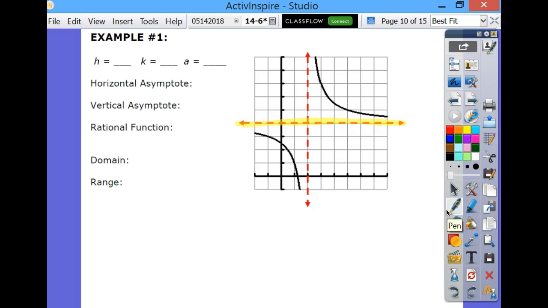Where does the horizontal asymptote cross the axis? 1, 2, 3, 4. Which axis does it cross? y equals 4 is the equation for the asymptote. The asymptote is not 4. The asymptote is y equals 4. You need to have the y equals in there as part of your answer.